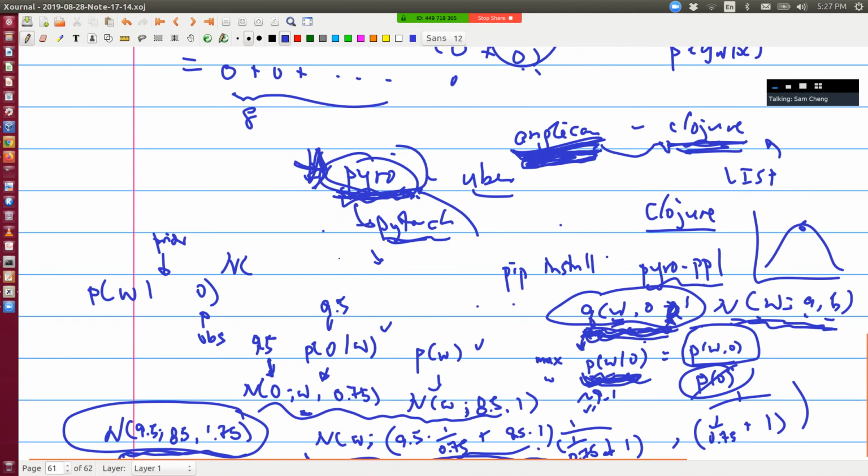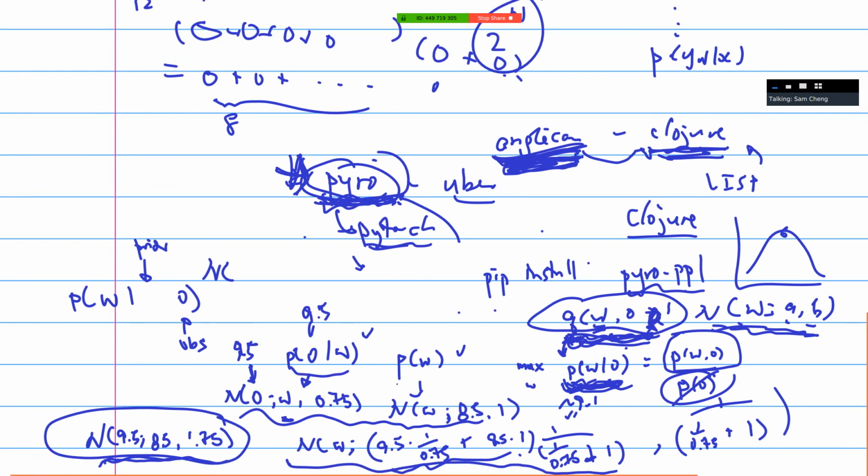This one, 9.5, is actually the mean. That's an observation. Depends on how you look at it, right? This is P(O|W) multiplied by P(W). The observation is already given, equal to 9.5, right?